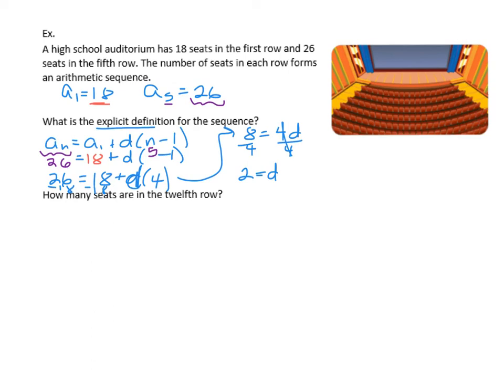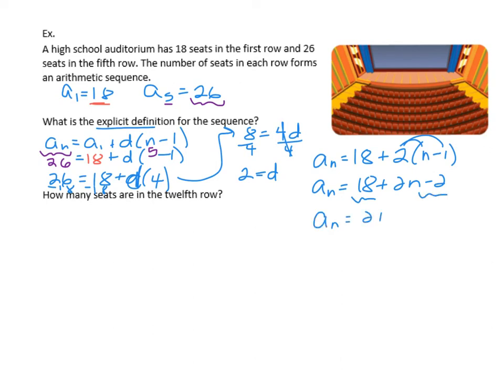So then to write our formula, that would be a sub n equals 18 plus 2, which is our d, times n minus 1. And now just clean that up so that it kind of looks like slope-intercept form. Distribute the 2 in. And then combine like terms. 18 minus 2 would be 16. So 2n plus 16 is the explicit definition.